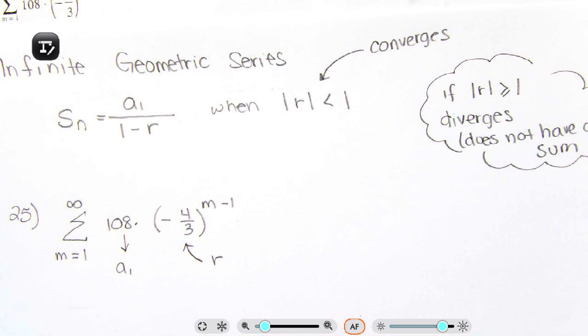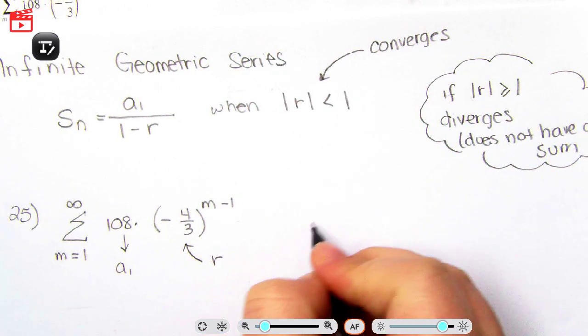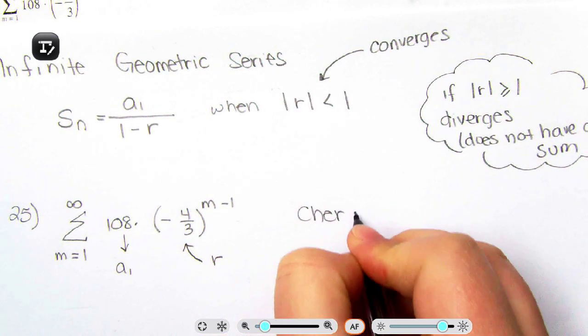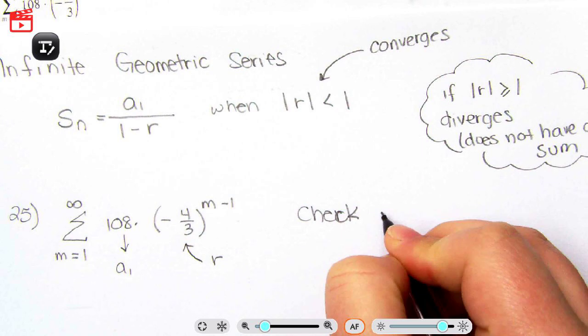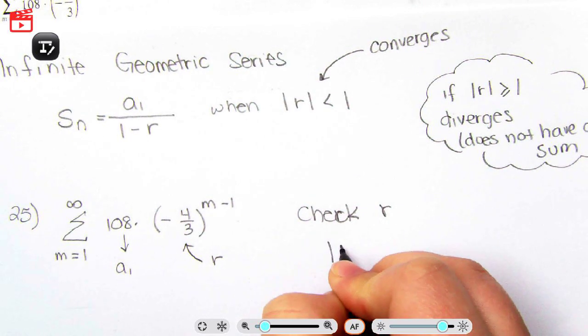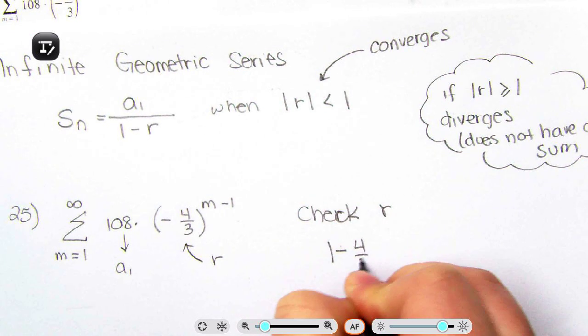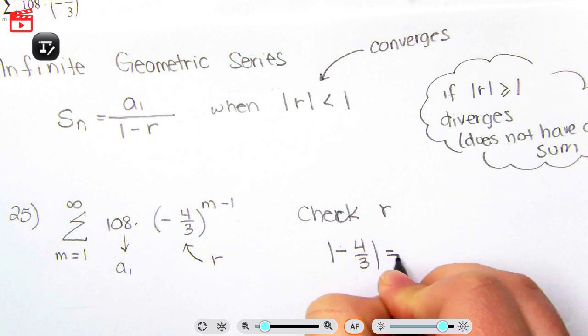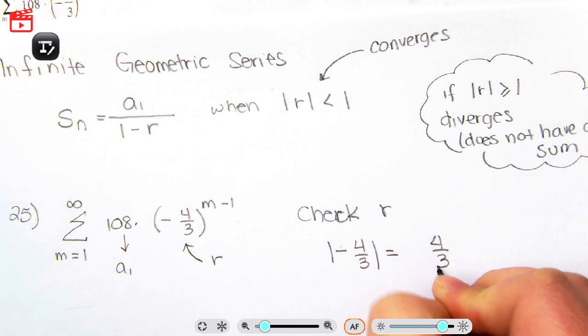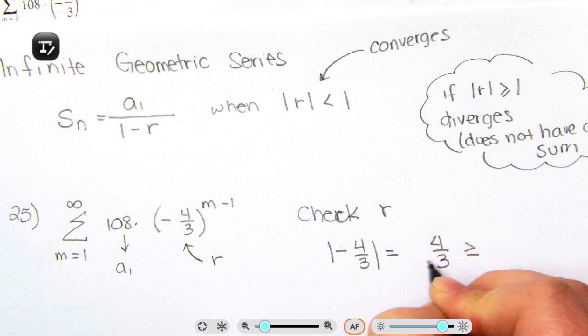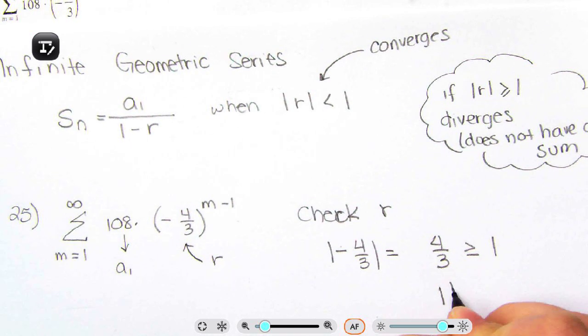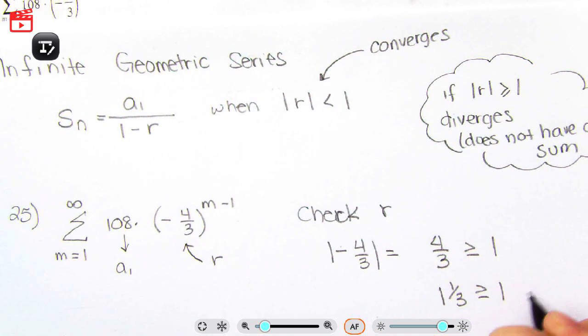So am I having to check? Absolutely, I have to check. So check for r. The absolute value of negative 4/3 is equal to 4/3. And 4/3 is in fact greater or equal to 1. This is 1 1/3, so it is bigger than 1.